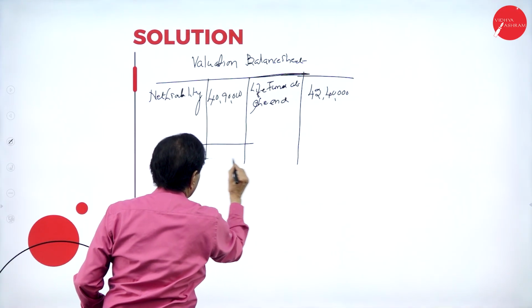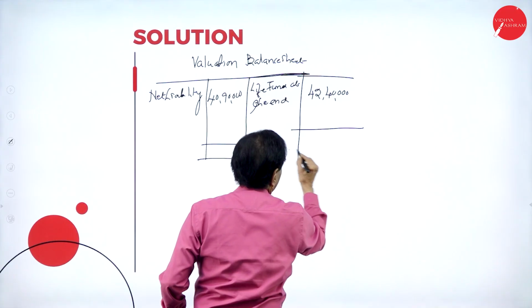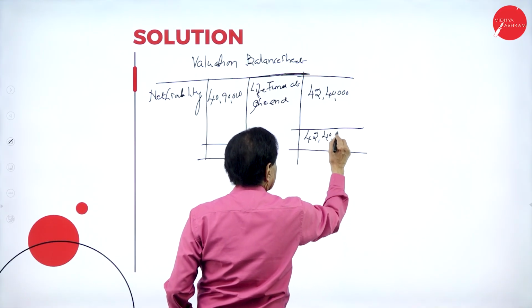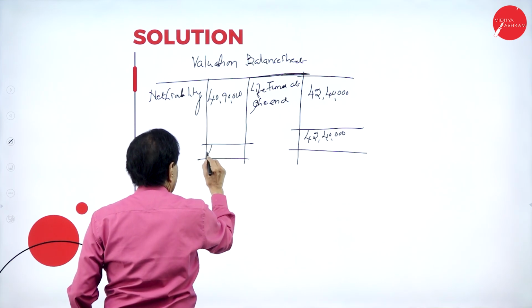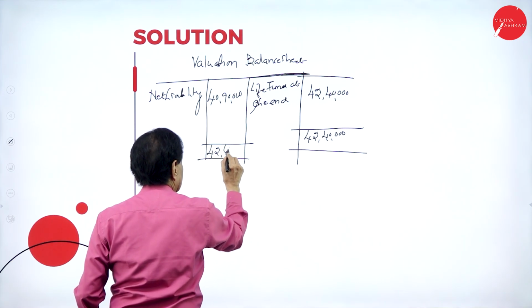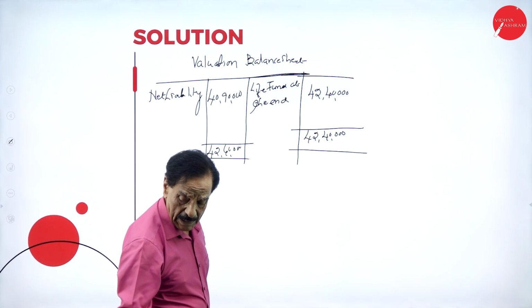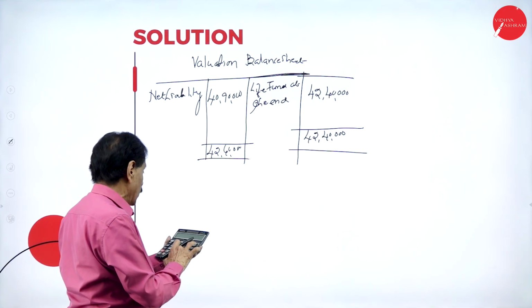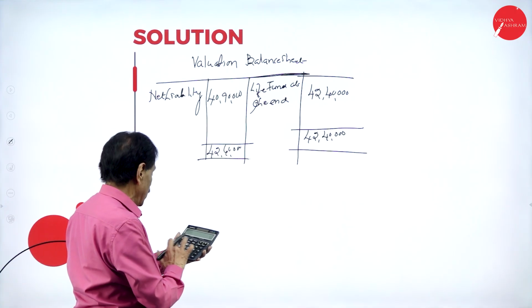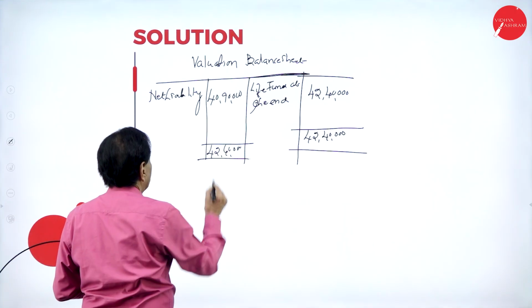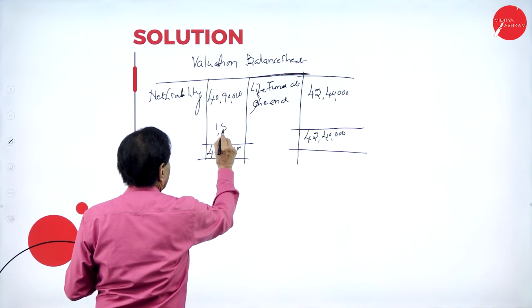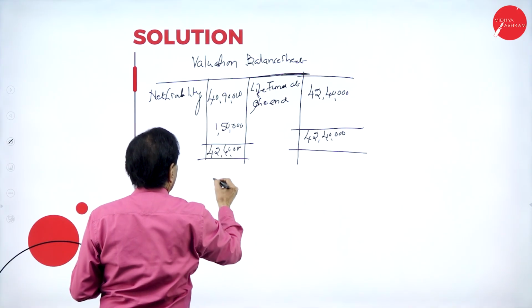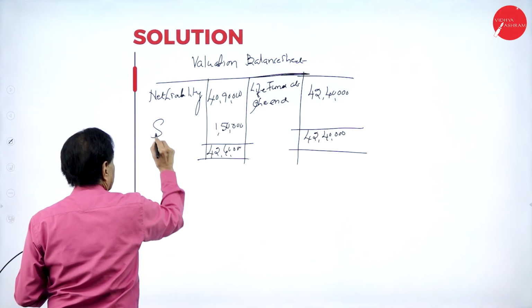Bring out the difference. Deduct 42,40,000 minus 40,90,000, it is 1,50,000. This is your surplus.